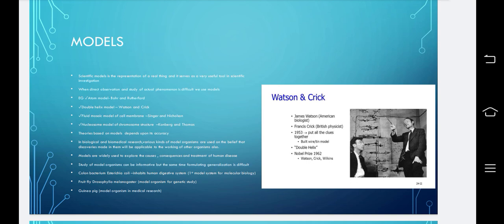So a model can be an accurate or inaccurate representation of the real thing. The theories framed on the basis of accurate models would be correct. On the other hand, theories formulated on the basis of inaccurate models would be partially correct or completely wrong.